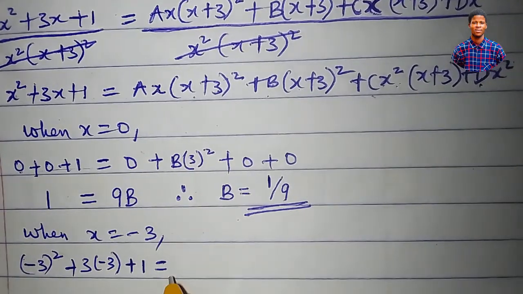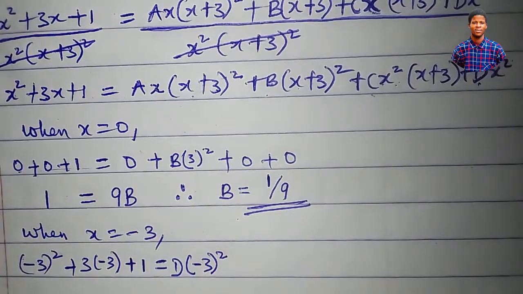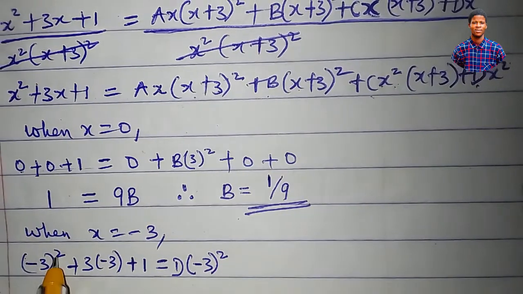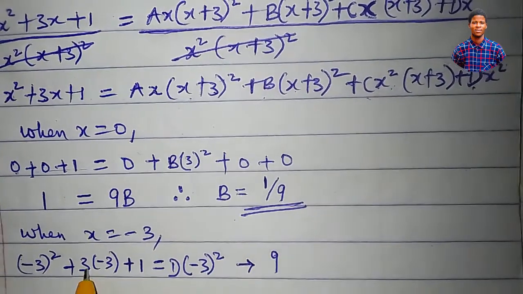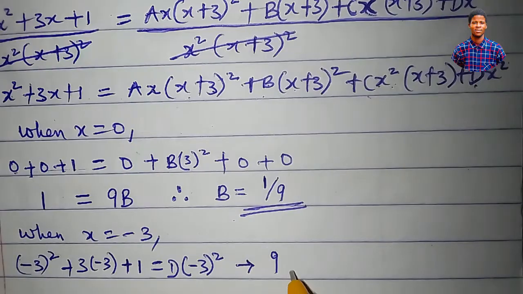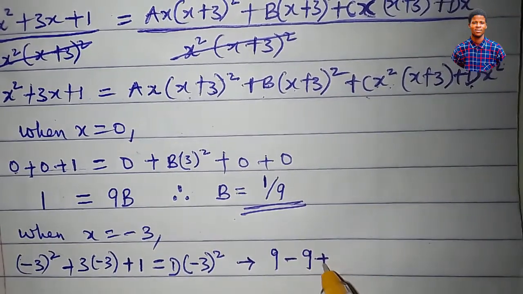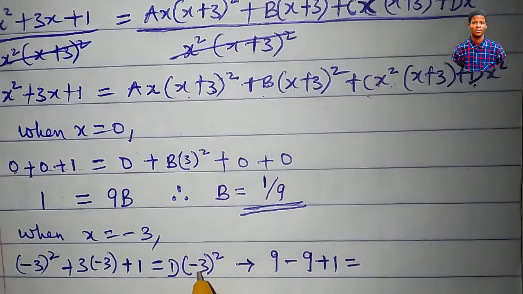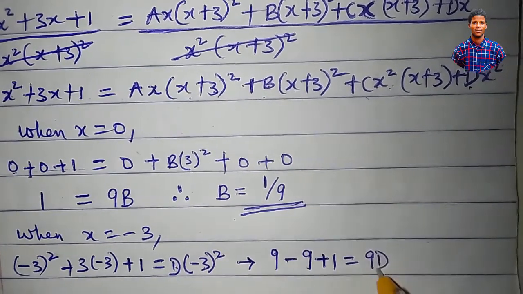What we have here says d times minus 3 squared. Good. Minus 3 squared is 9. So we have 9. 3 times minus 3 is minus 9 plus 1 is equal to minus 3 squared, which is 9, times d, 9d.